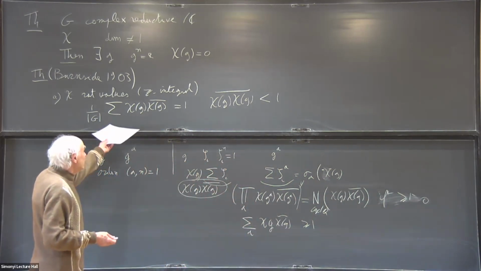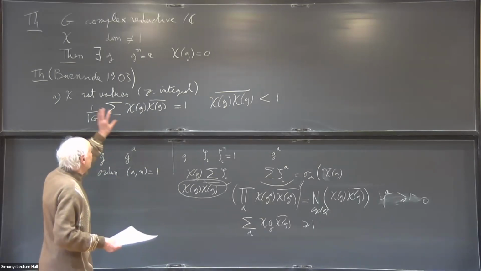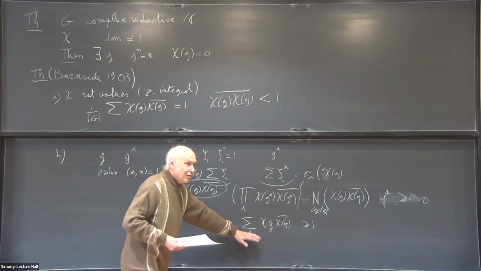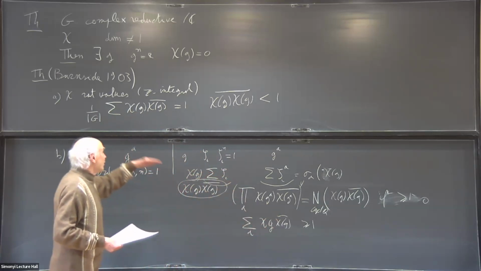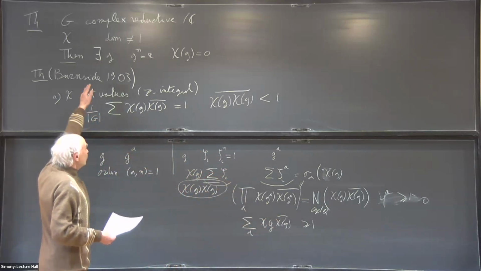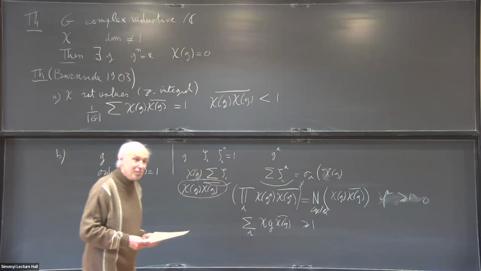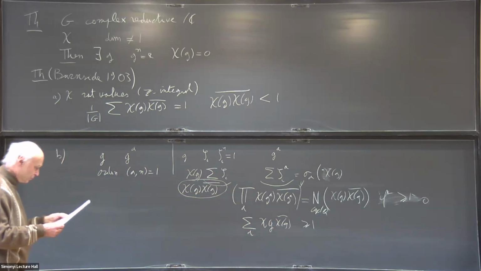And now one can again take this argument. One has all those bunches. Bunch by bunch, the mean value is at least 1. So if somewhere you have something bigger than 1, you must have something smaller than 1, and it's the same argument as before.